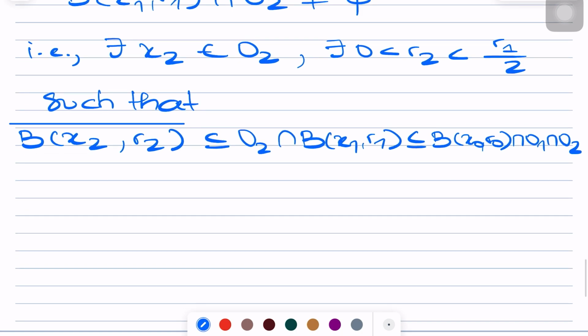So if you proceed iteratively, you can construct a sequence xn and a sequence of radii rn. Let me write it.